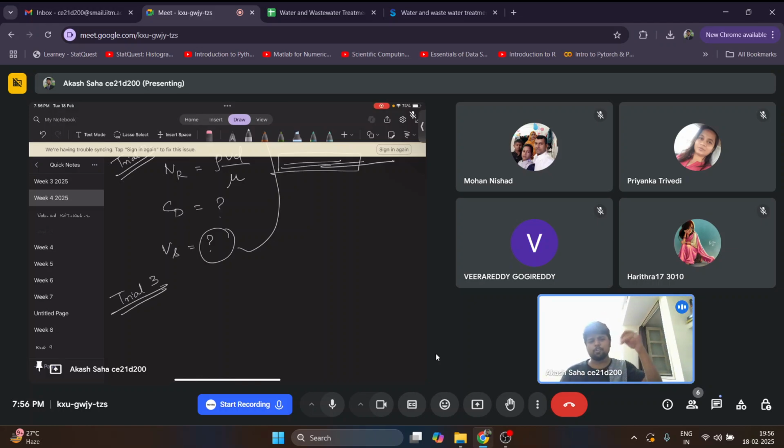In this question, if you go for 3 to 4 trials, you will get the final Vs. You will get it as 37 centimeter per second. So the final answer is 37 centimeter per second.